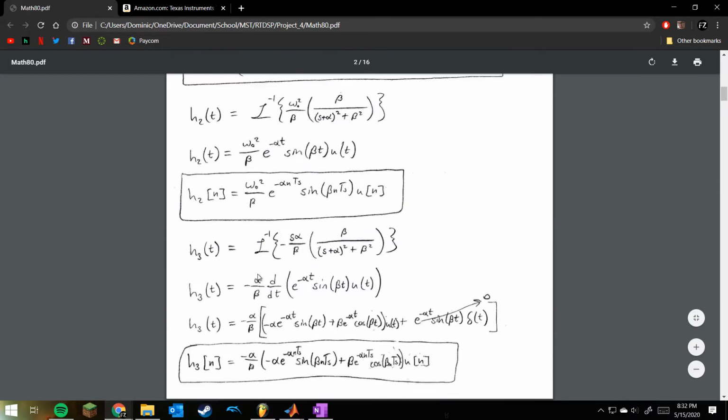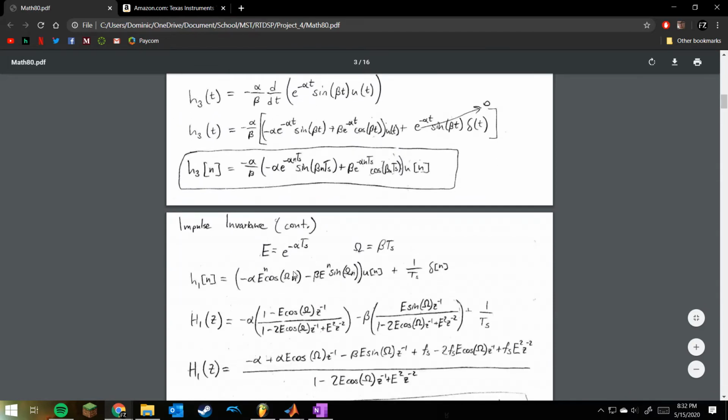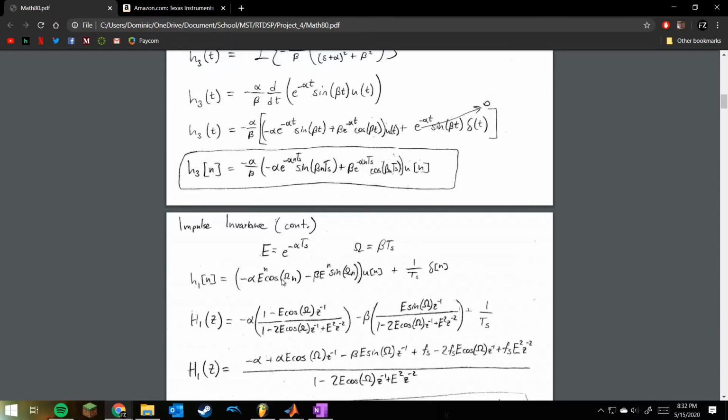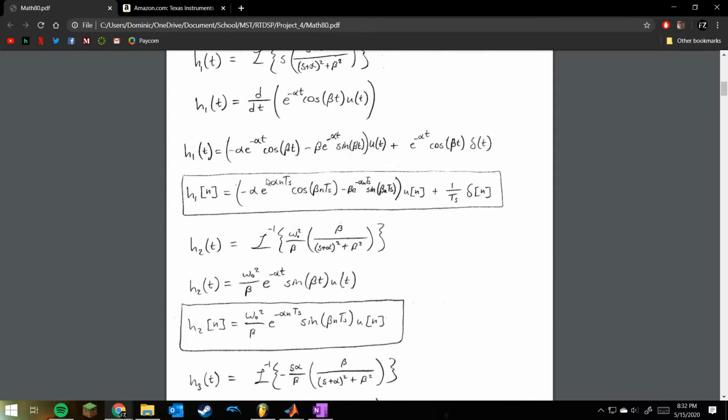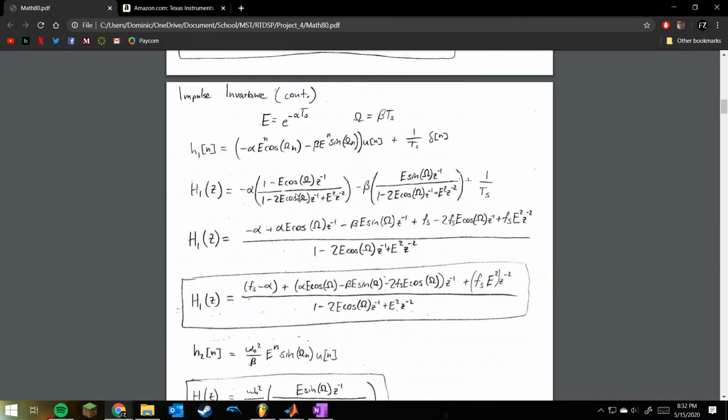Then, after getting everything into the discrete time domain, we perform one more substitution in order to get our equations looking like z-transform pairs. So for example, we do the transform here, e to the minus alpha Ts is equal to capital E. So for example, this part right here would then be equal to capital E to the n, because the e to the minus alpha Ts would all go to e, capital E that is.